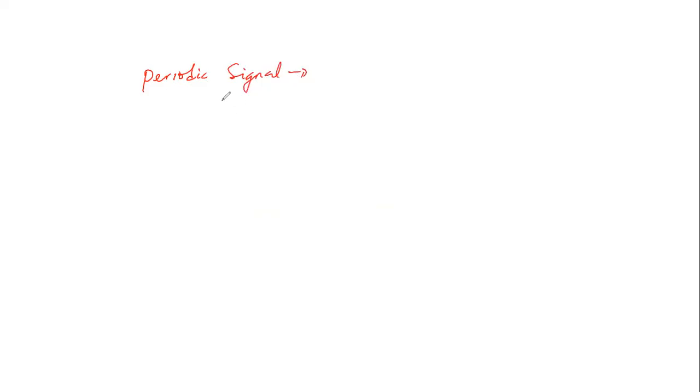So we say a continuous time signal, S of t, is said to be periodic when we have a positive non-zero value of the time period. Assume we have a signal with a period T, then S of t is given as S of t plus T for all t, okay?